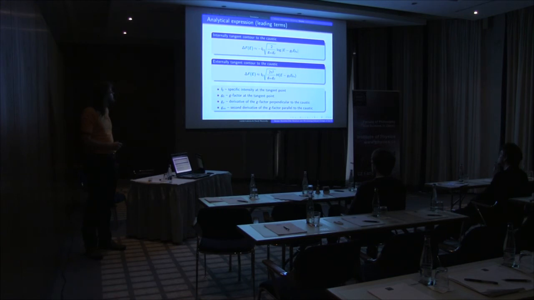It depends on the specific intensity at the tangent point, so it will be very good for directly measuring the specific intensity at some point of the accretion disc. When the caustic is externally tangent, the leading term is the Heaviside step function. And on the last slide, I'm going to talk about this geometrical factor without the specific intensity factor.